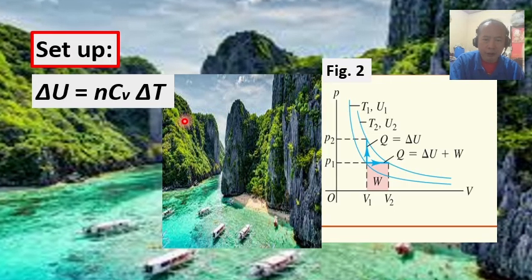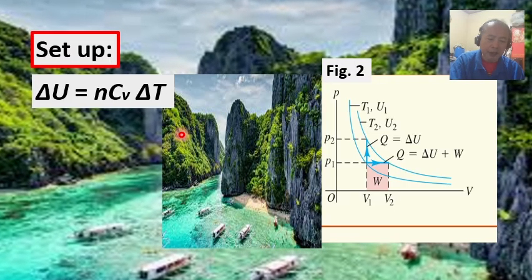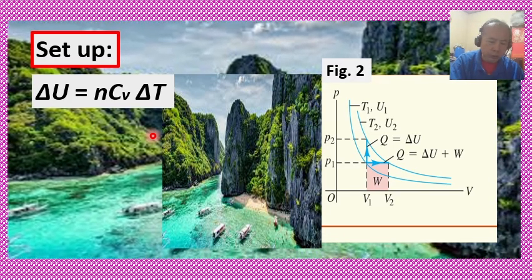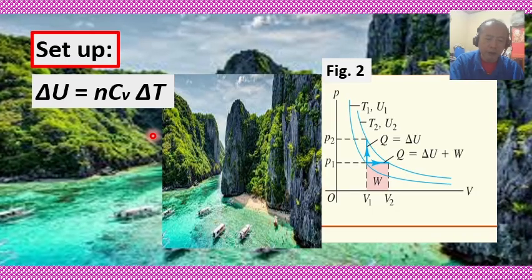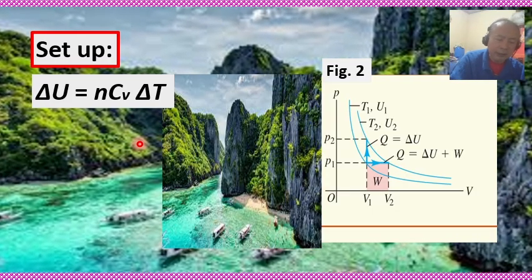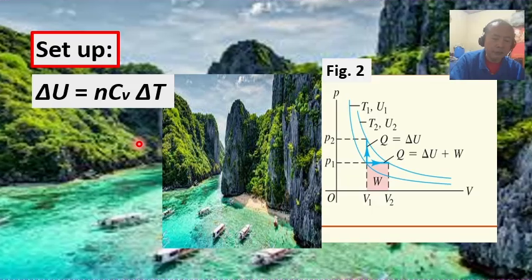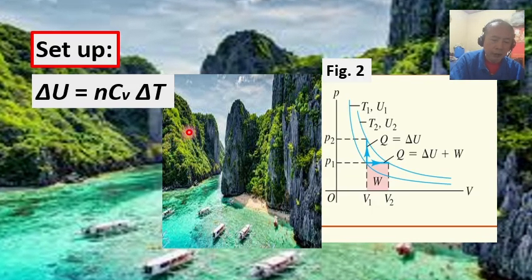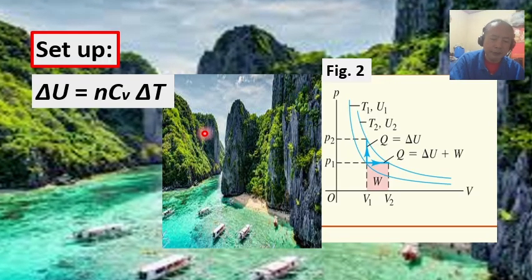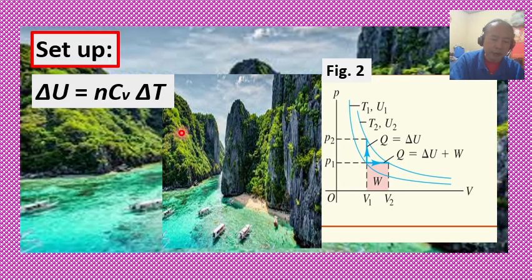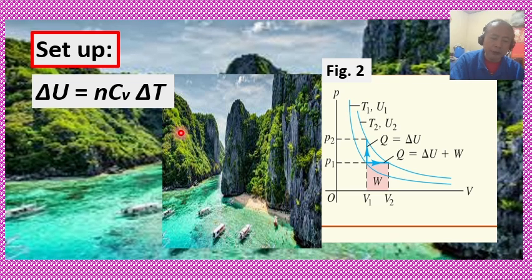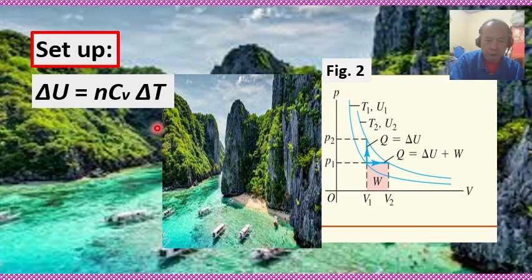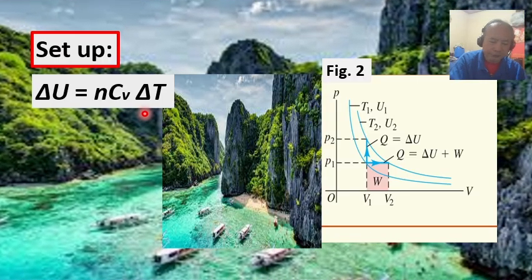And our goal is to find a direct formula for determining delta U in terms of the heat capacity of argon at constant volume, the initial pressure P1, and the initial volume V1, as well as the final pressure P2 and the final volume V2.